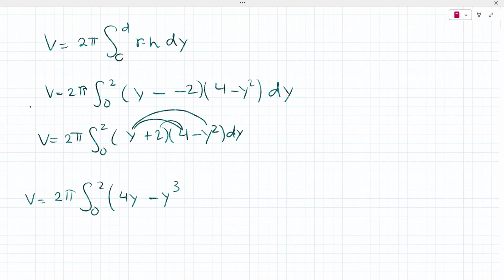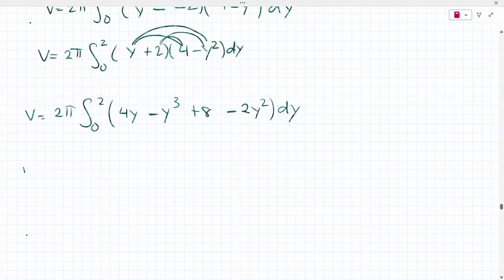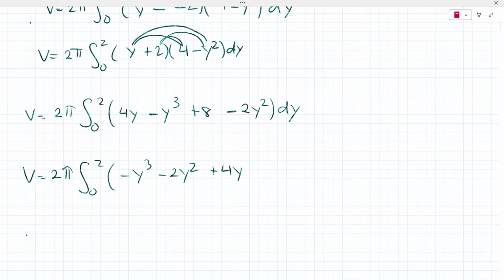What's 2 times 4? 8. What's 2 times negative y squared? Negative 2y squared. So V equals 2 pi from 0 to 2, and then clean it up by putting in order: negative y cubed, negative 2y squared, plus 4y, plus 8, dy.